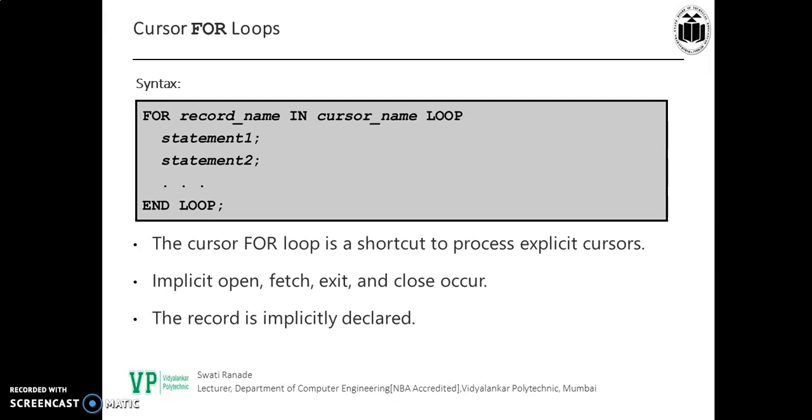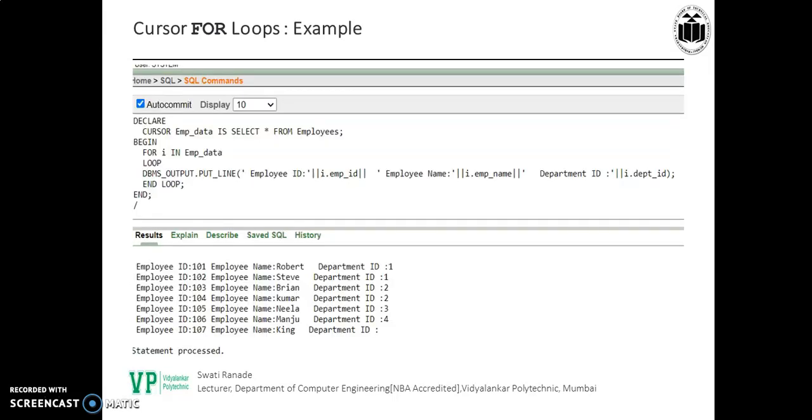So let's take one example over here. In the declare section, we need to declare the cursor. So here, cursor, then the cursor name. The cursor name is emp_data, is select * from employees. When we declare a cursor, we have to provide a select statement.